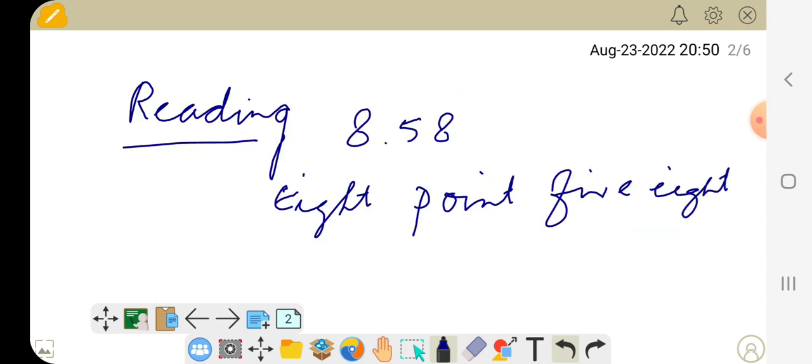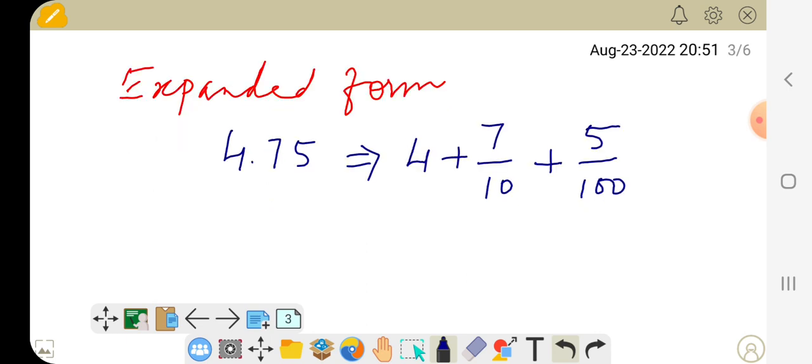After this, how to read decimals? Like 8.58. After the point, don't read directly; it has to be read individually, single digits. Now the expanded form, like 4.75: 4 plus 7 by 10 plus 5 by 100.